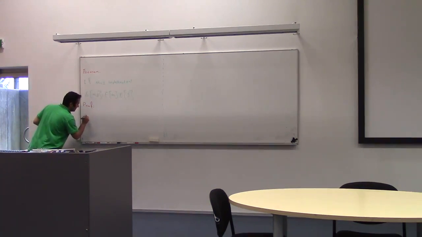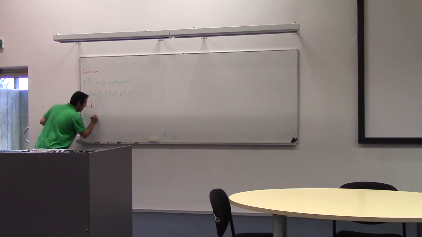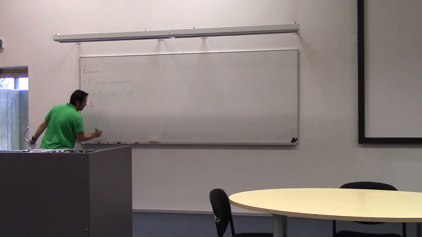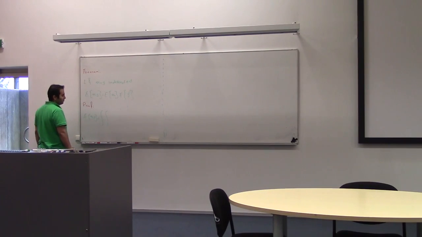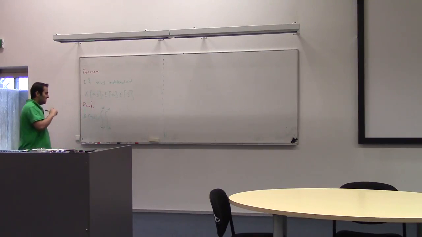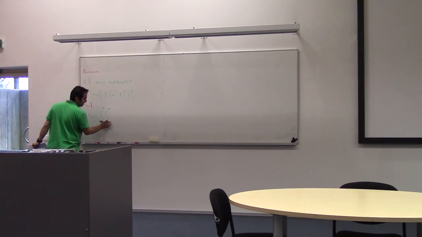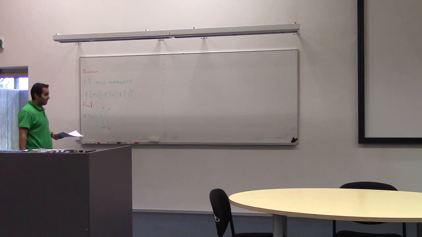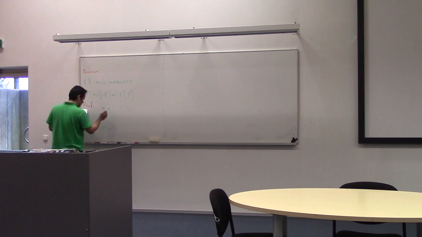You know that the expected value of x and y is equal to, because we have two variables x and y, we need two integrals, minus infinity to infinity and minus infinity to infinity. The inner integral is for x, the outer integral is for y. Okay?